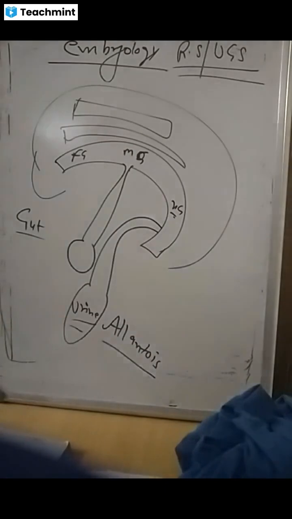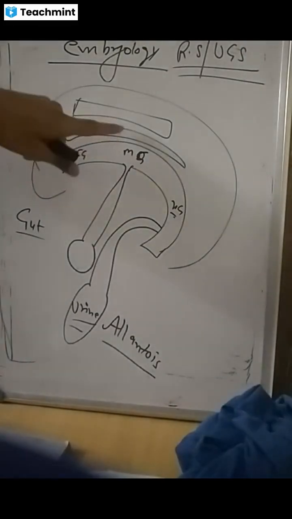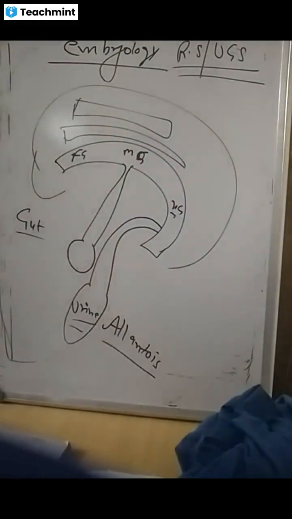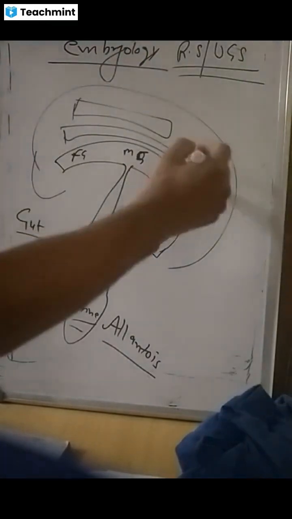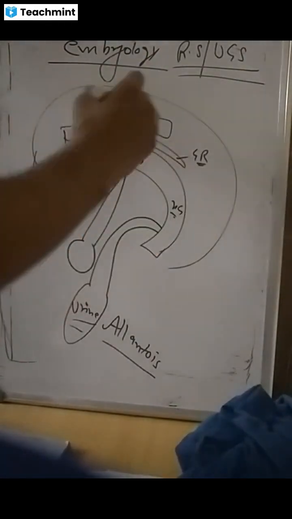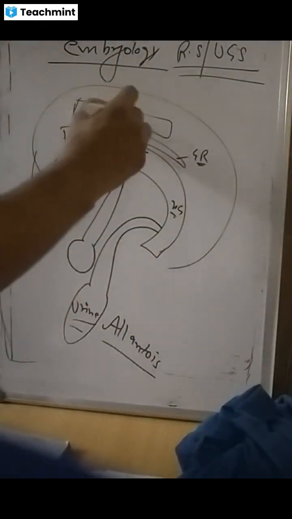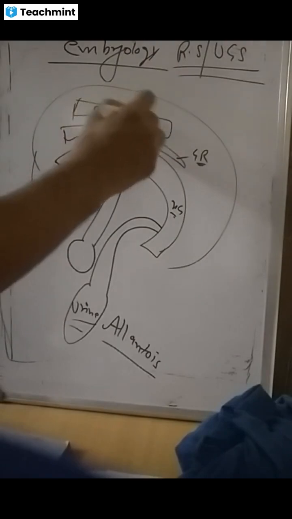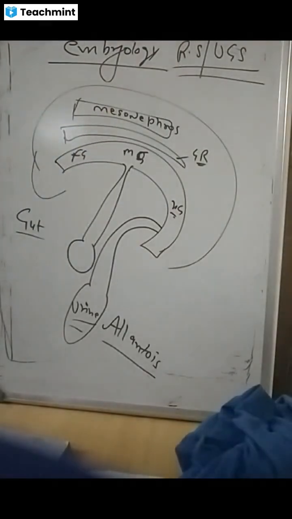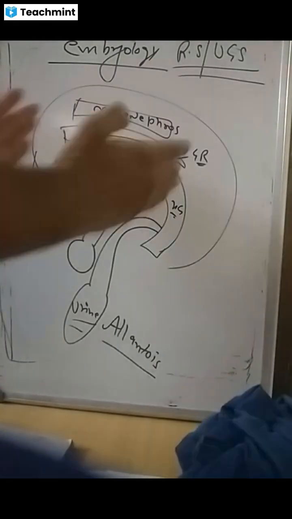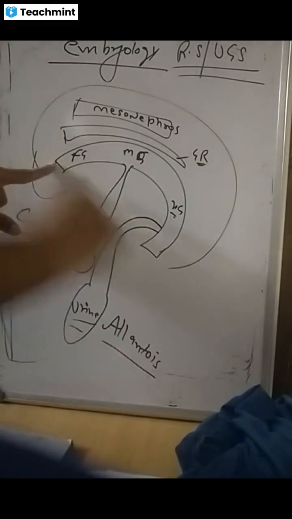The role of the allantois is to collect urine. These two tubes are the gonadal ridge, and this is the mesonephros. So focus on this gut tube.